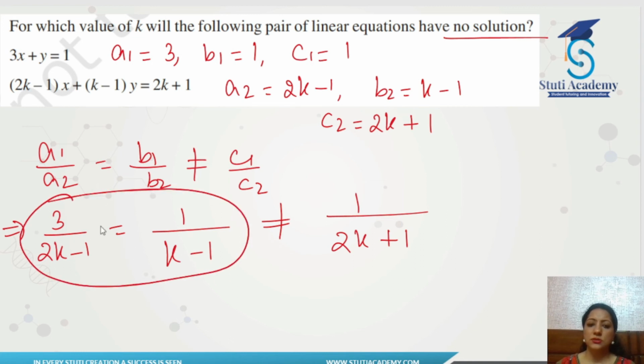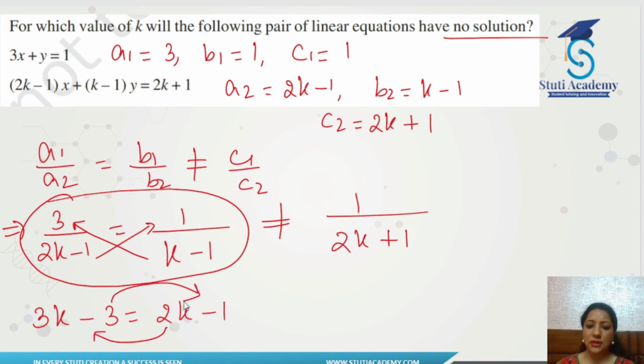We'll take these two equations. We are going to actually cross multiply. So we have 3k minus 3 is equal to 2k minus 1. Let us now solve for k. We'll take this on the other side and this we'll take towards the right hand side. So we will get here 3k minus 2k is equal to minus 1 plus 3. So we will get here k is equal to 2.